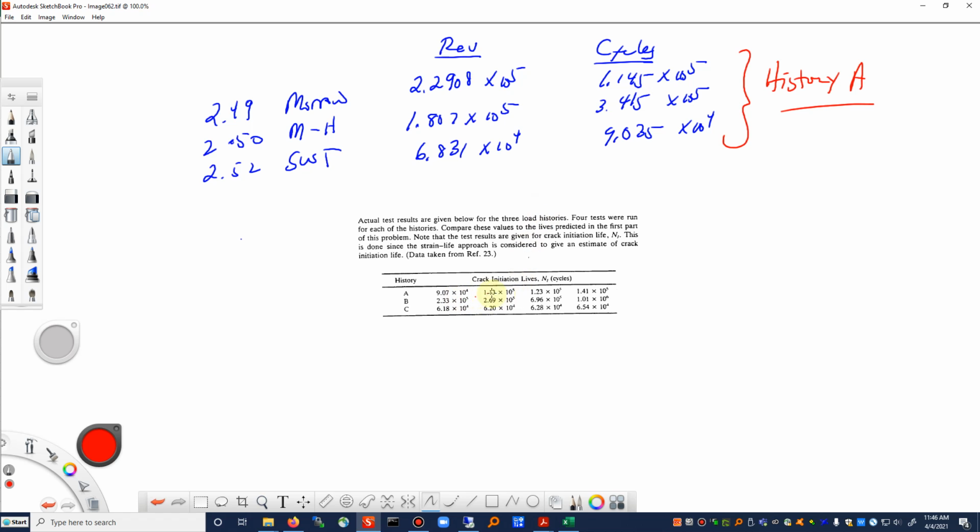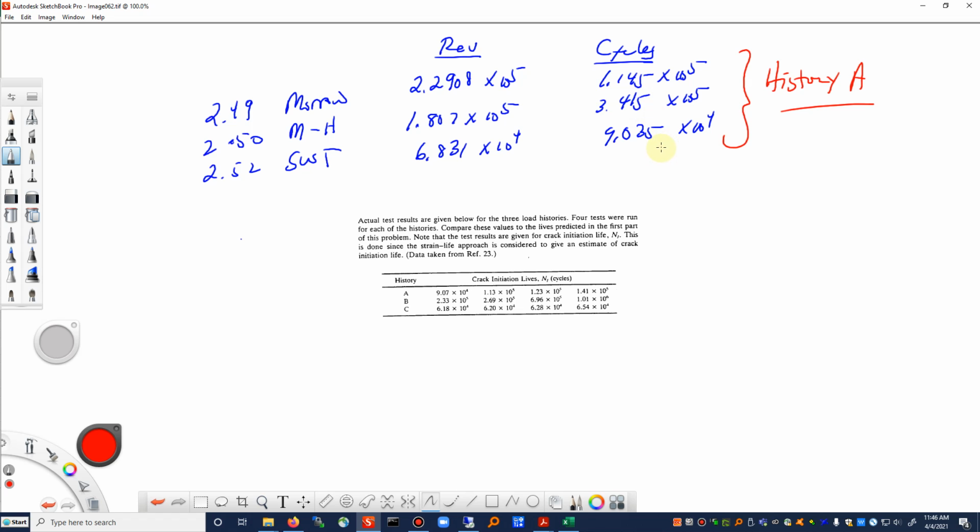So we have a range of crack initiation lives between 1.41 times 10 to the 5 and 9.07 times 10 to the 4 in cycles. So here we have 9.04 times 10 to the 4 all the way up to 3.4 times 10 to the 5 cycles for that calculation from Manson-Halford.